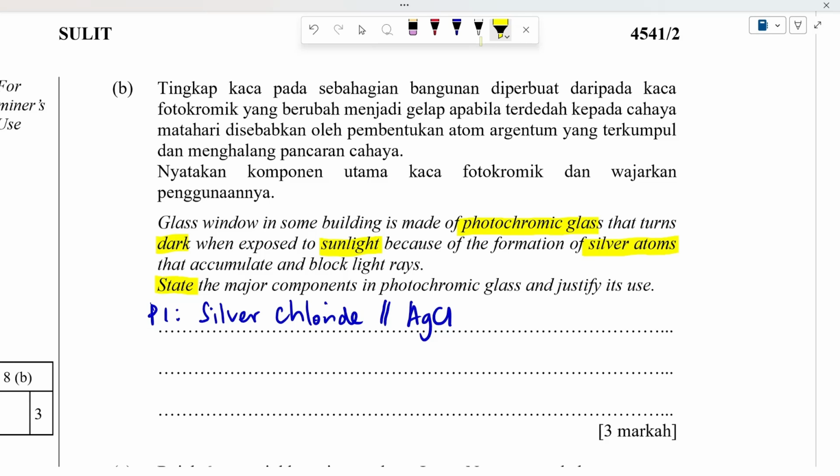Do you agree or not with its use, to make the glass turn darker when exposed to sunlight? Let's say you agree. Why do you agree?